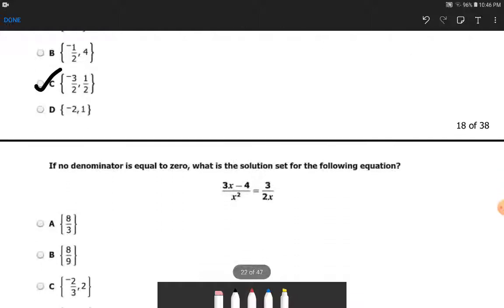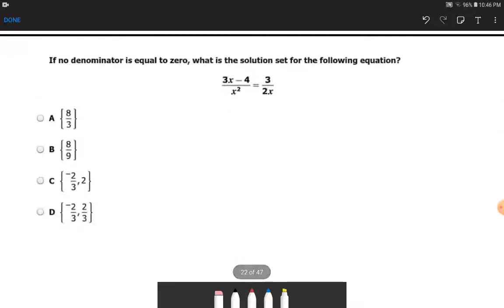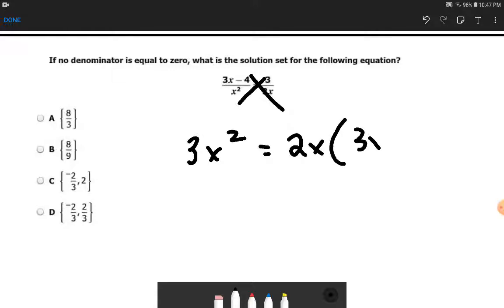Alright, let's move on to question 19. If no denominator is equal to 0, what is the solution set for the following equation? Alright, so we will solve for x. First, what we're going to do is cross multiply across the equal sign. We will get 3 times x squared equals 2x times 3x minus 4. We can divide 2x on both sides.